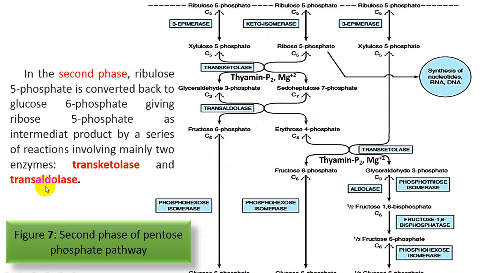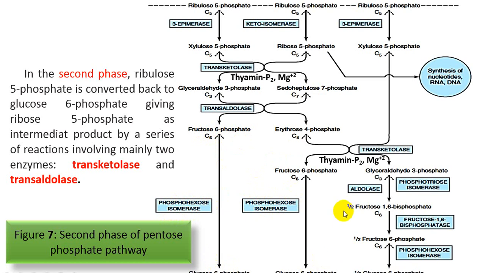Transaldolase, the second enzyme, will convert this compound to fructose 6-phosphate and erythrose 4-phosphate. Then, in the presence of phosphohexose isomerase, fructose 6-phosphate goes back to glucose 6-phosphate.